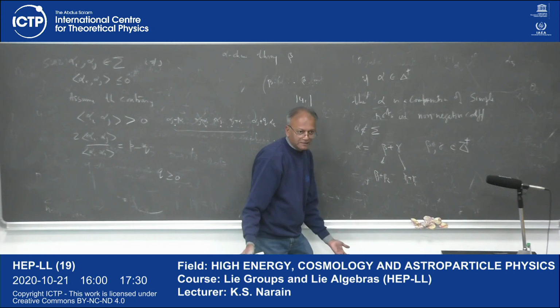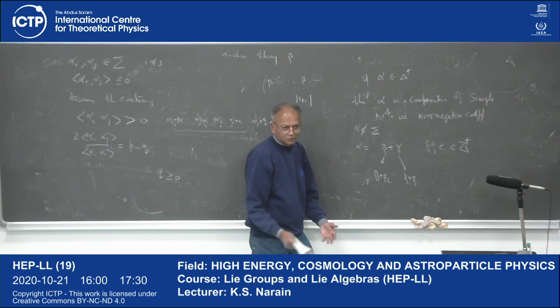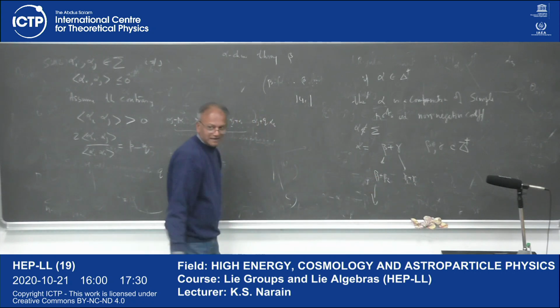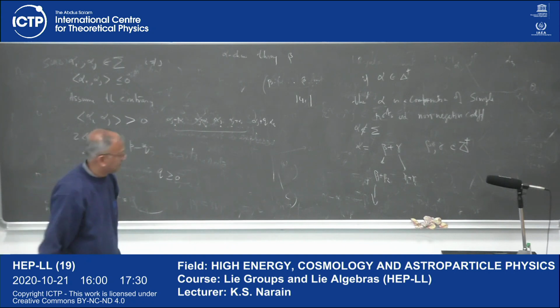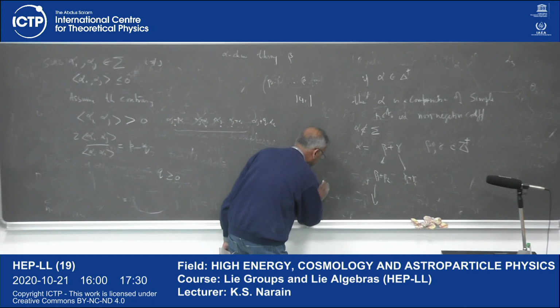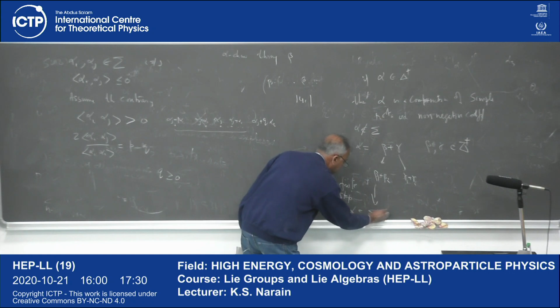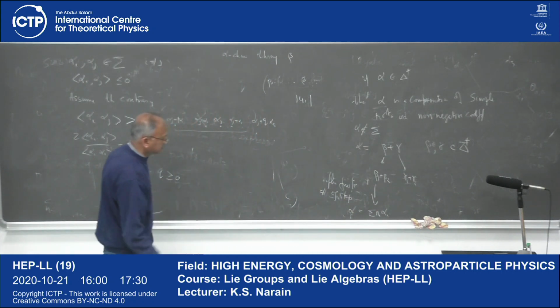At some point you will end up hitting the simple roots, because it's all finite dimensions. The number of roots is finite. So after a finite number of steps, alpha can be written as some linear combination of simple roots with non-negative coefficients, some n i, which are non-negative integers.